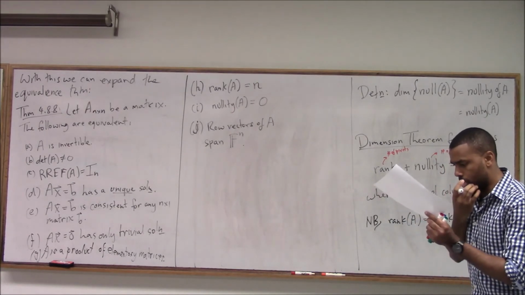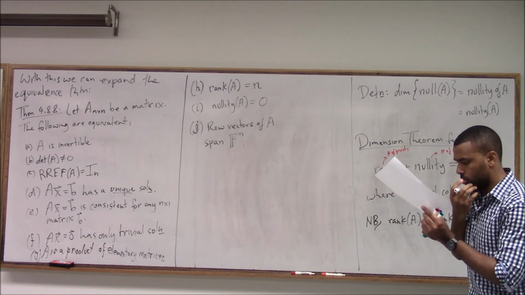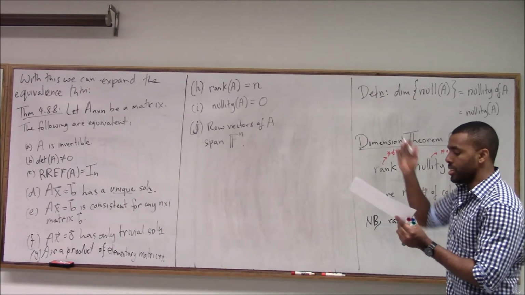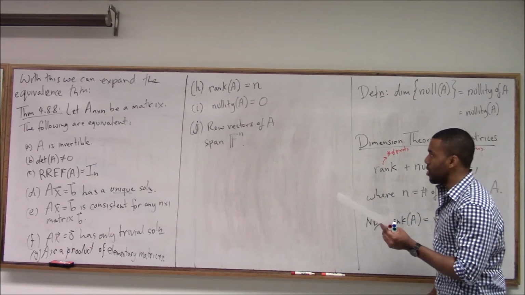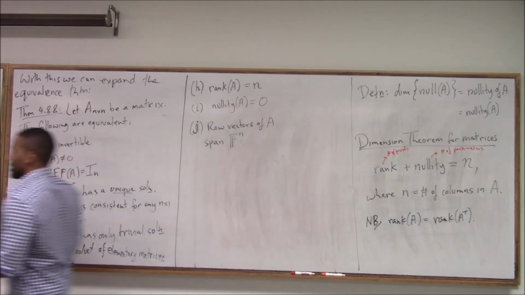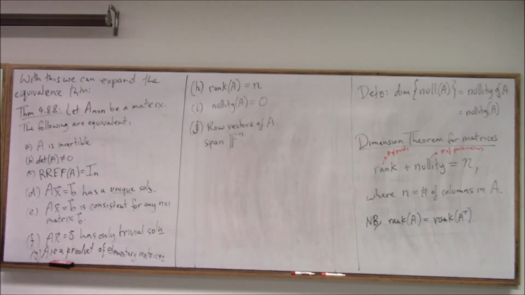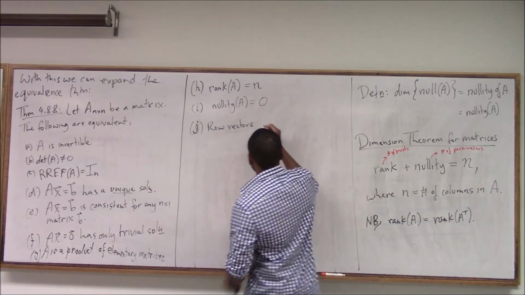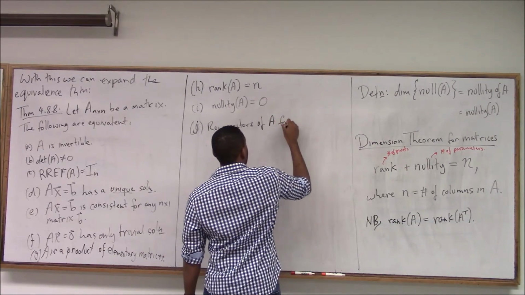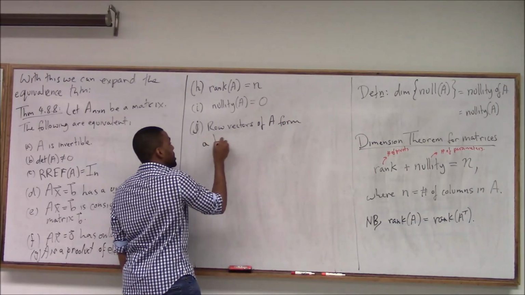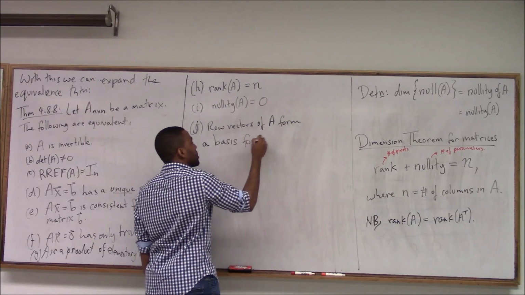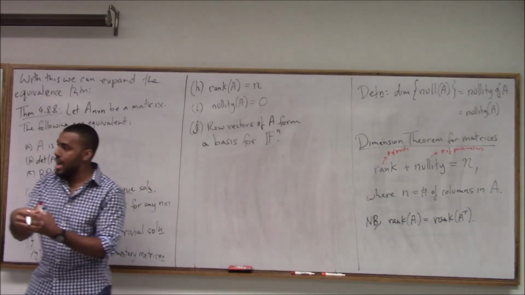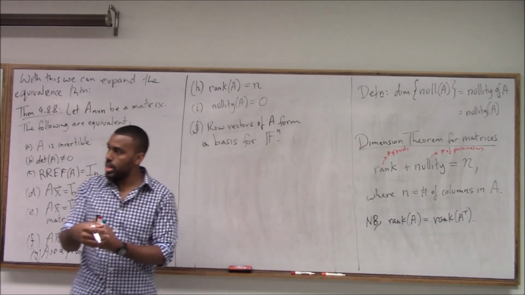In fact, we can say something stronger. I think in the book they listed it out one by one, but I summarized it when I wrote it down. The row vectors of A form a basis for Rn, which means, of course, they both span and are linearly independent at the same time.